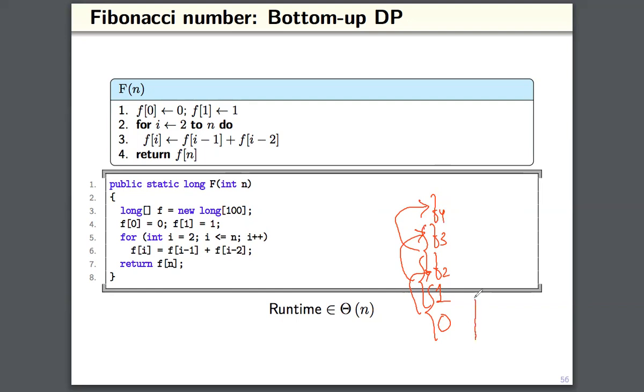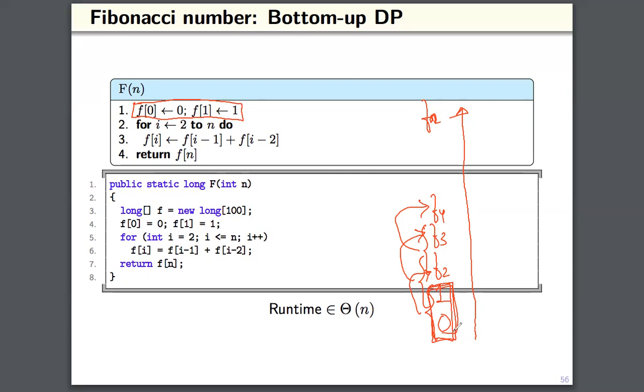The computation goes from bottom to top. You really want Fn, but you will not call a function and come down. You just start from the base cases at the rock bottom. Here are the base cases. The base cases are the leaves.